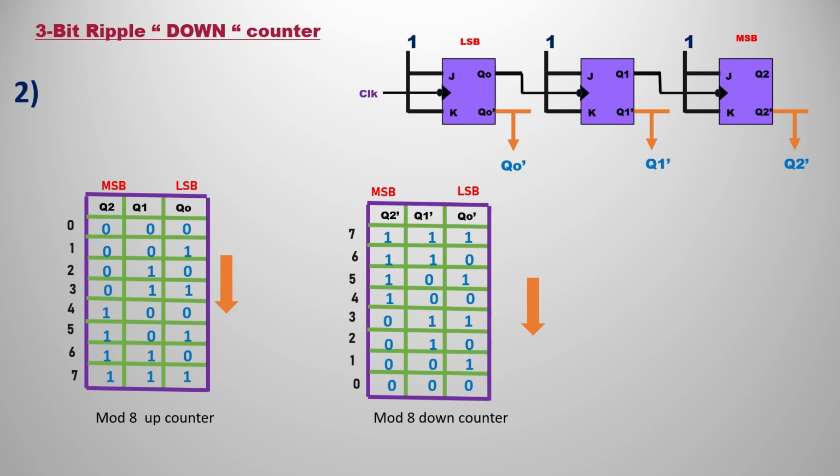Simply invert the truth table, that is Q2 bar, Q1 bar and Q0 bar. With that inversion, we obtain the mod 8 down counter. Simply invert, so it goes 1 1 1 and basically from 7 down to 0. That is the mod 8 down counter. That is the meaning of a down counter: starting from the highest and going to the lowest.